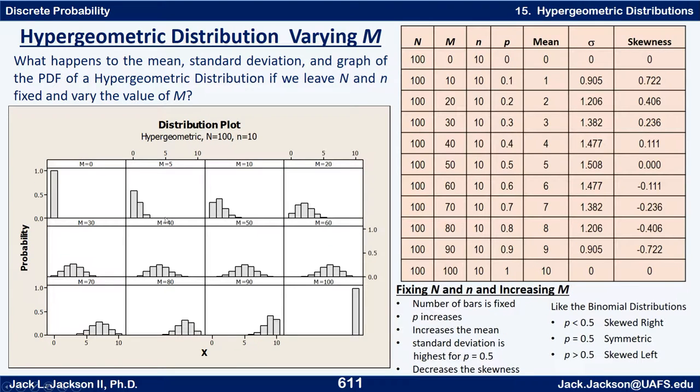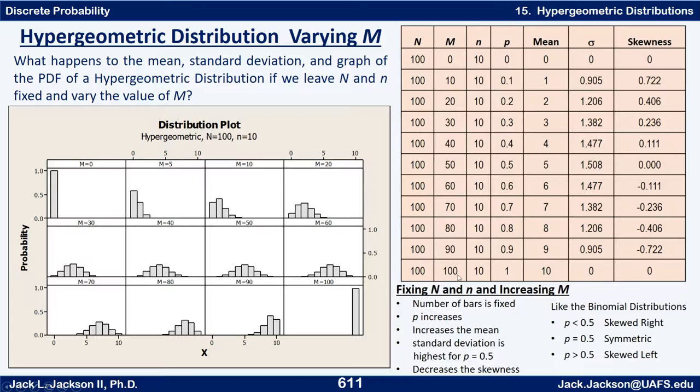All right, what if we vary the number of successes in the population, but leave the size of the population and the sample size fixed? So the size of the population here is 100 in all these examples. The size of the sample is 10 in every example, as you see here on the graph and in the table. And we're changing the number of successes going from 0 up to 100 by tens.